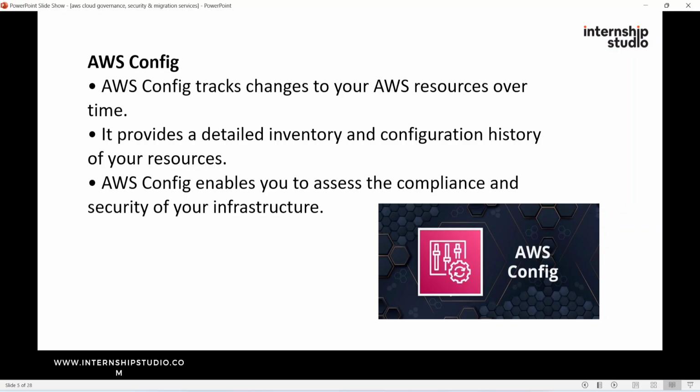Another important thing is that in some cases AWS Config can automatically remediate non-compliant resources based on predefined rules. For instance, if a resource is found to be in violation of a rule, AWS Config can trigger an automated action to bring it back to compliance. It also has very good integration with other AWS services.